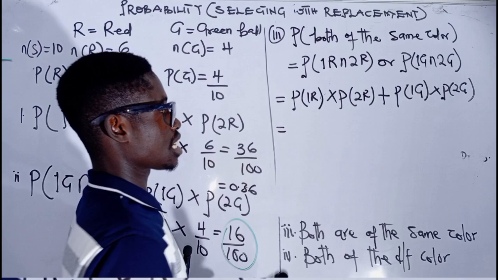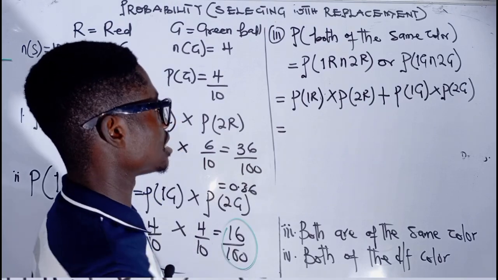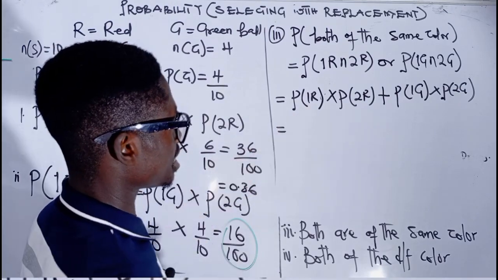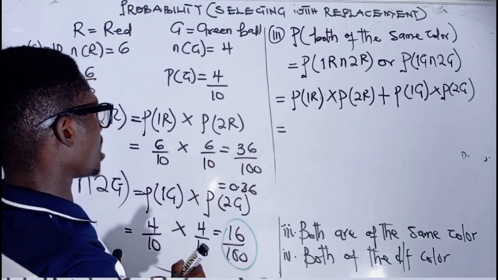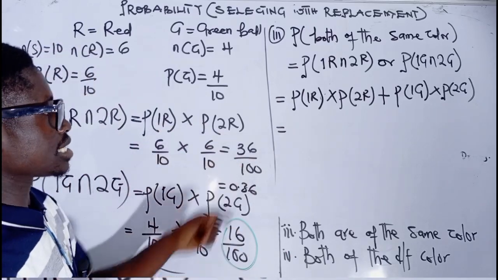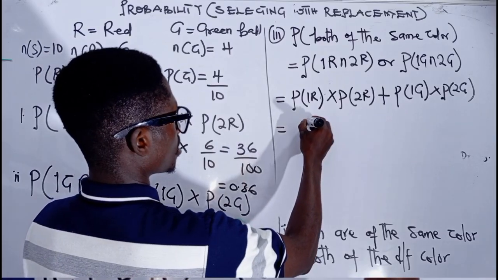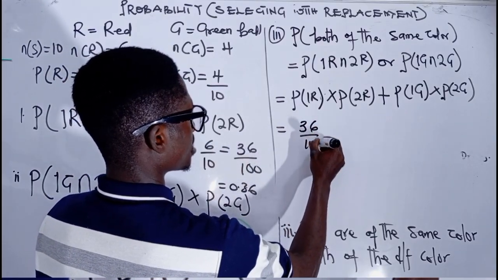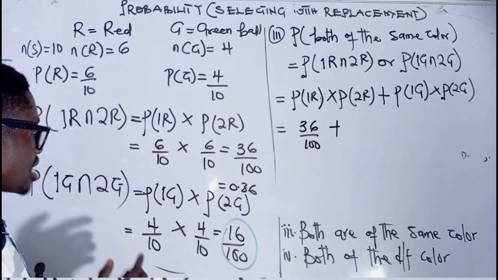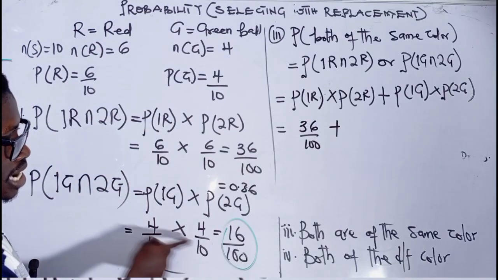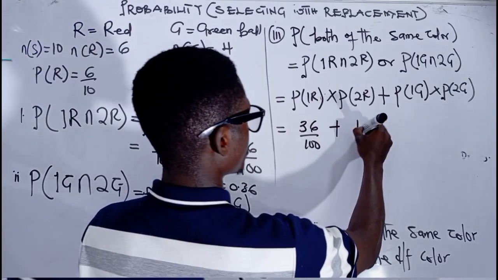Now once we have this, we just have to plug in their respective probabilities. So the first one red and then the second one red. We have red and red, and that gives us what? 36 all over 100. We have plus, and then first green, second green, we have 16 all over 100.